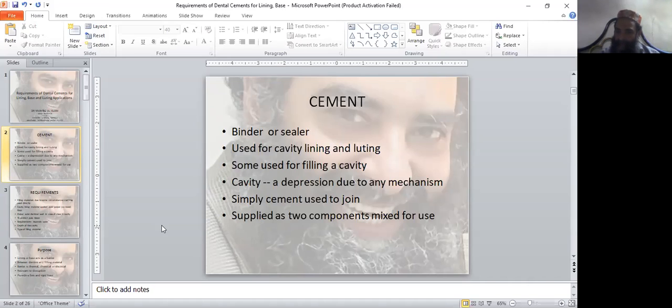Physiological ones are pits and fissures. And simply, cement is used to join things in our household or daily life. Again, it is supplied as two components which will be mixed for use.